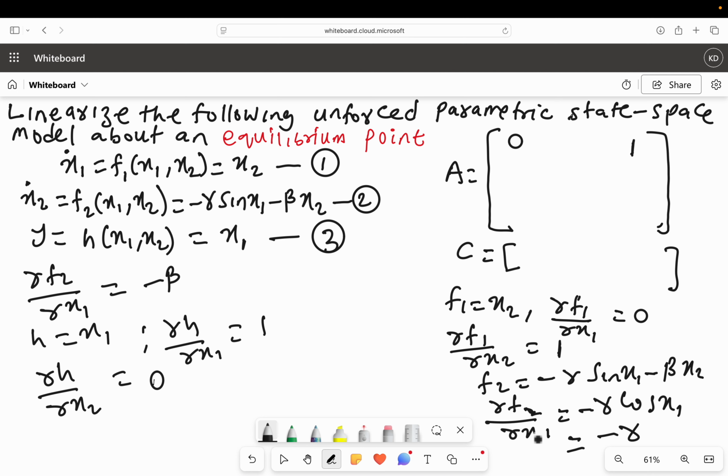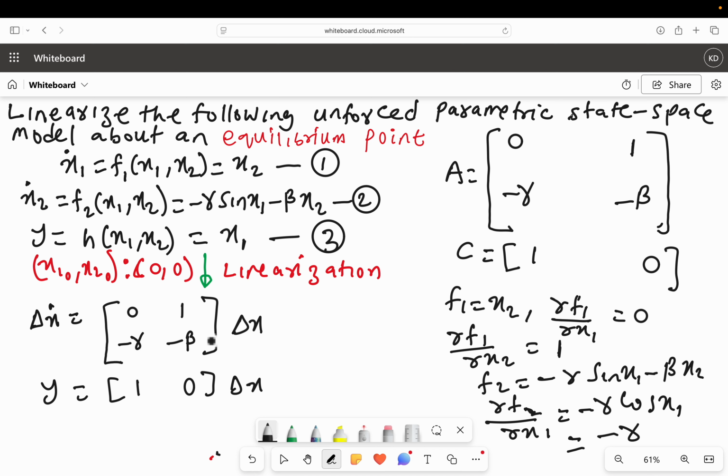Then I have minus gamma, and I have minus beta from here. For the C Jacobian matrix, I have 1 and 0. Finally, this is my linearized model, where gamma and beta are parameters of the model.